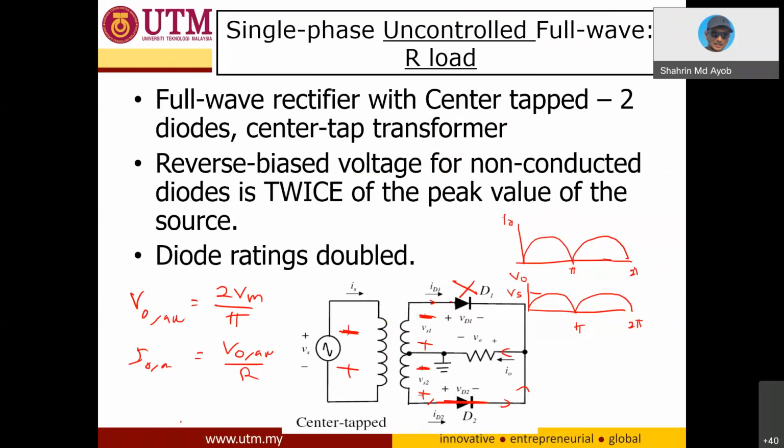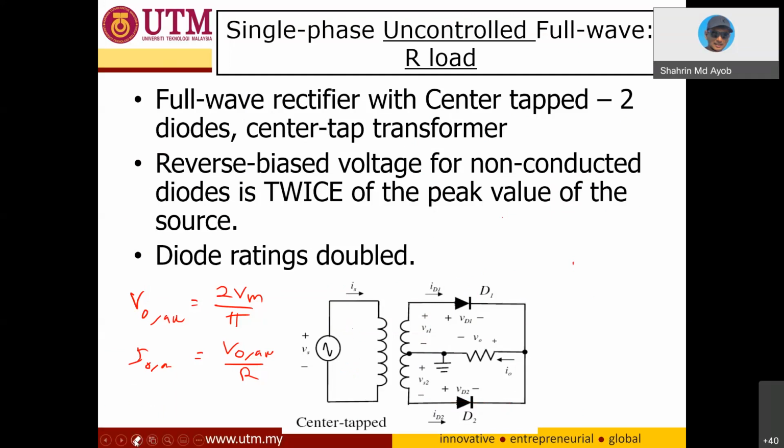The only disadvantage of this center tap compared to the full wave is the rating of the diode used. Right now the advantage is isolation, and the second advantage is that it uses fewer components.